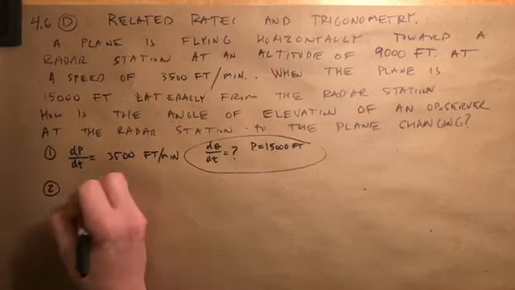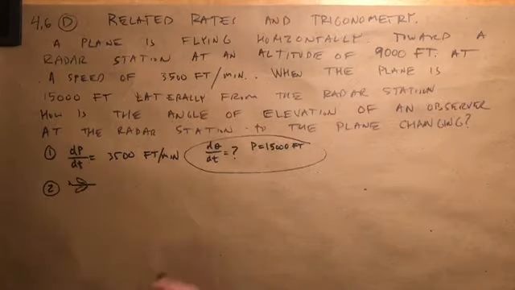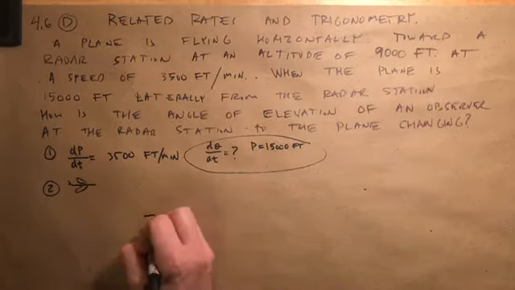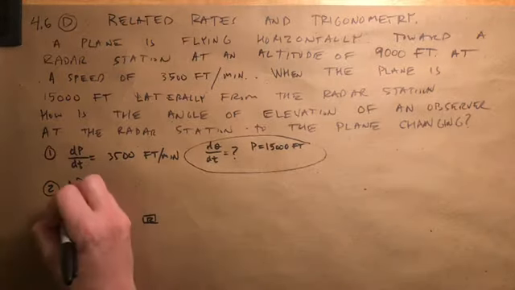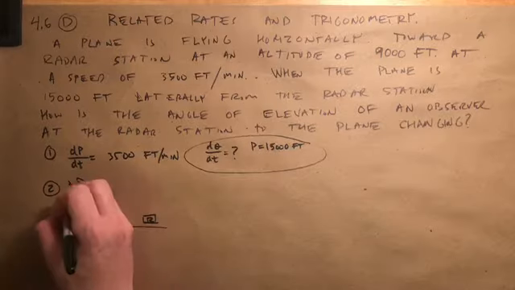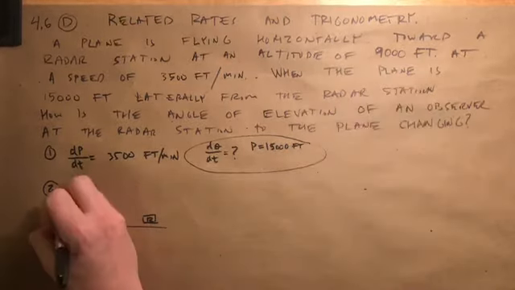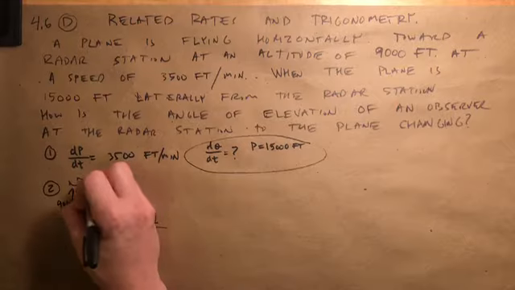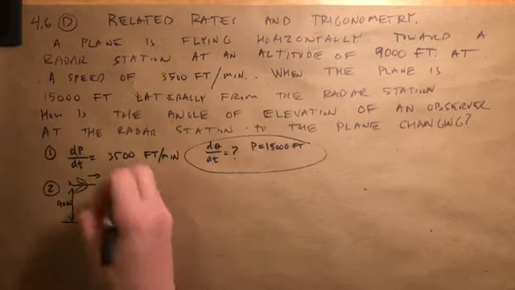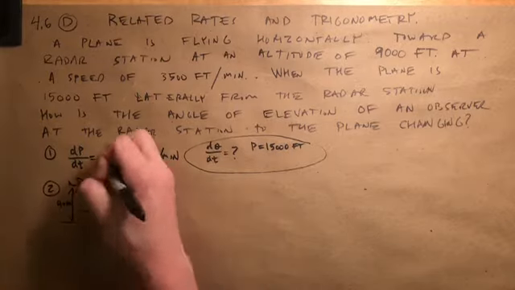And so here's our airplane, here's our radar station, and we know that this is a constant 9,000 feet. So what are we actually looking for here? Well, we're given the speed of the plane, and so that's dp/dt, and that distance is getting smaller.